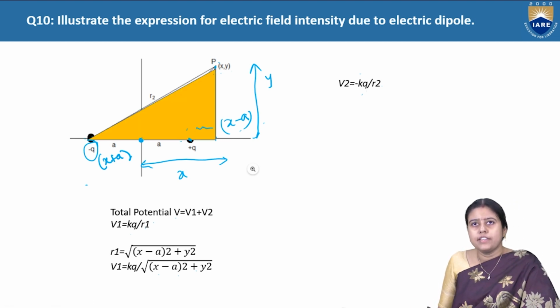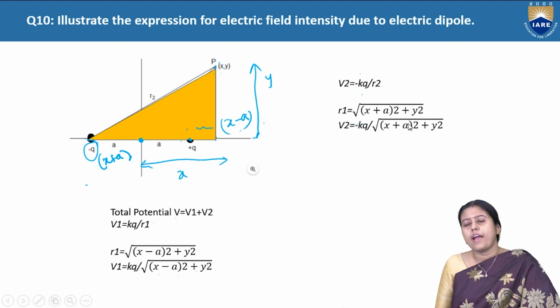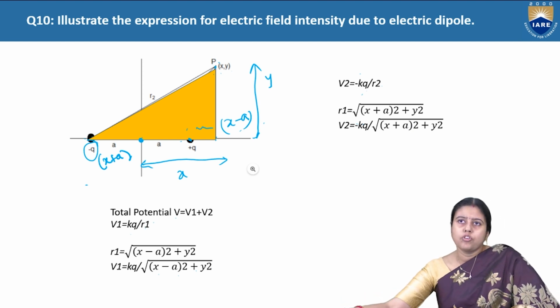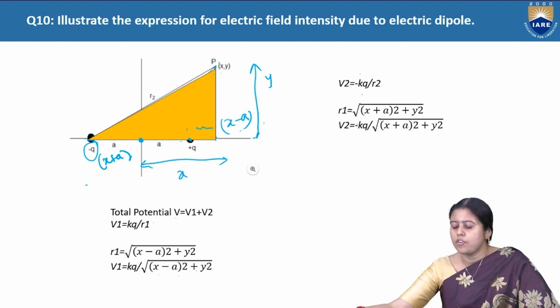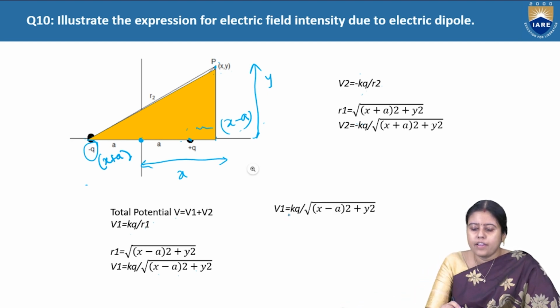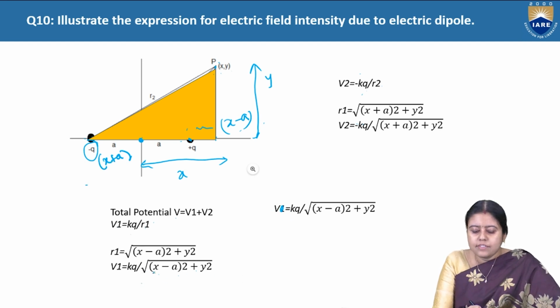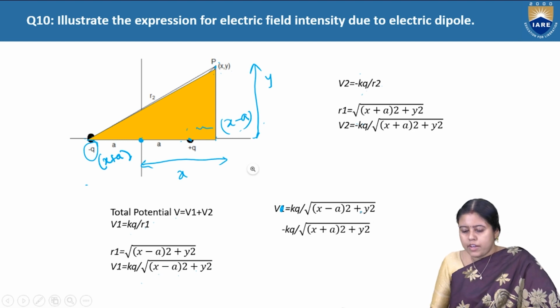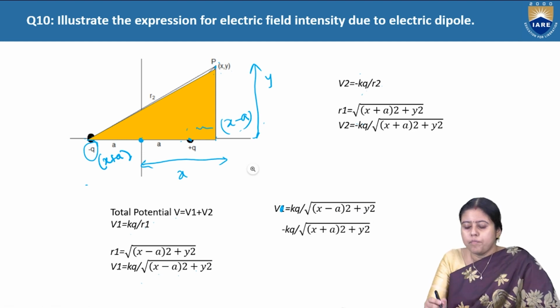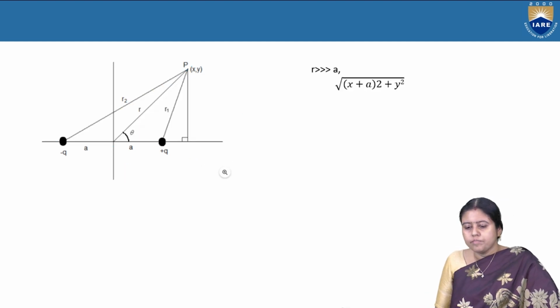So x plus a whole square plus y square. So V2 is equal to minus kq by square root of x plus a whole square plus y square. So what is total V? Total V is equal to kq by square root of x minus a whole square plus y square minus kq by square root of x plus a whole square plus y square.